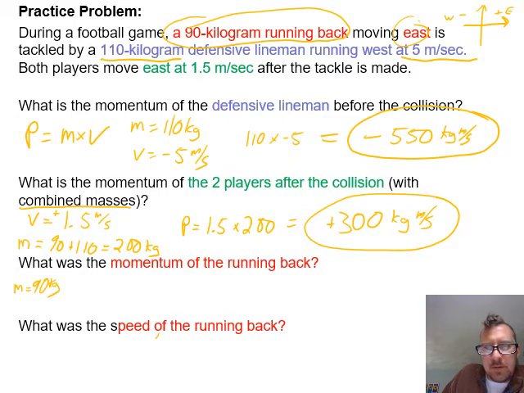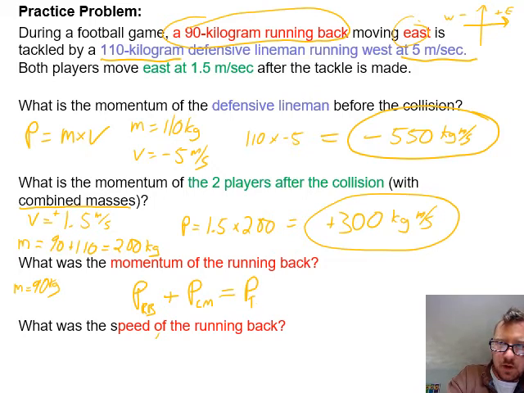But what this problem is saying is that if you have the momentum of the running back, RB, plus the momentum of the lineman, so those two are colliding, and afterwards we have a momentum, I'll just call it total. That's what happens in a collision. The momentums are combined.